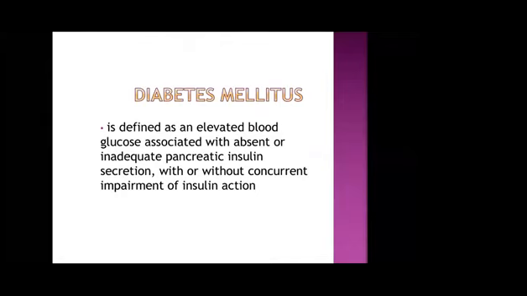And the metabolic disorder related to inability of the body to normalize blood glucose level is called diabetes mellitus. This is defined as an elevated blood glucose associated with the following. Number one, there could be absence of insulin release from the pancreas.